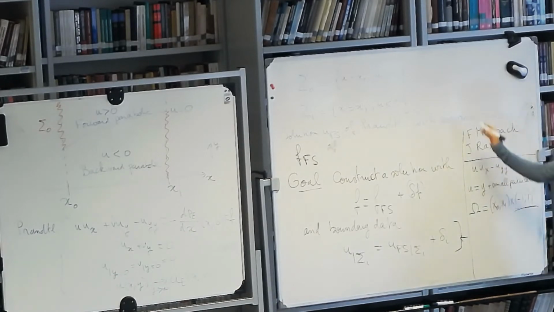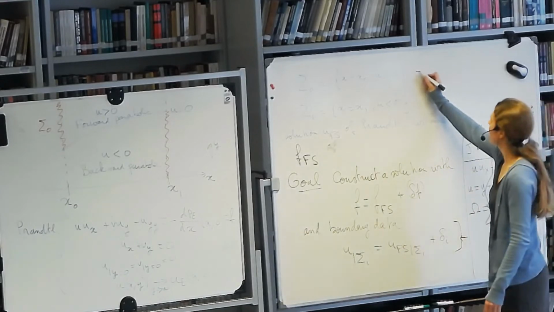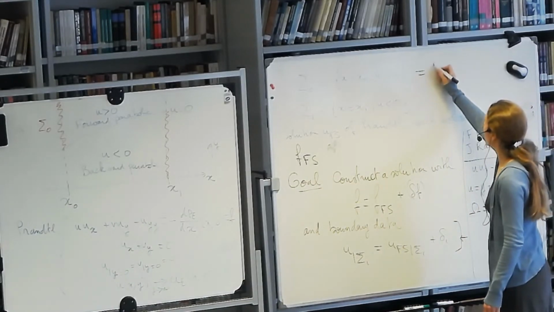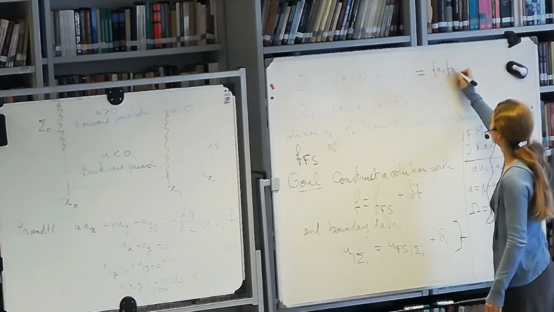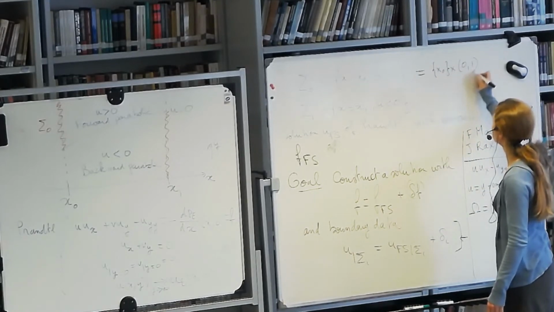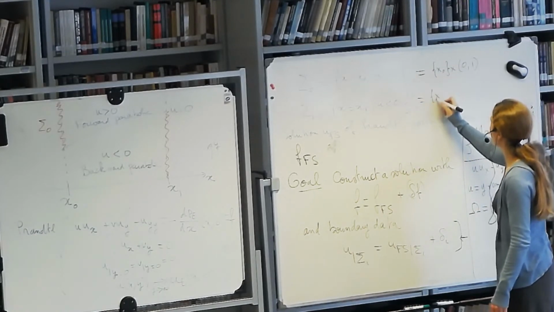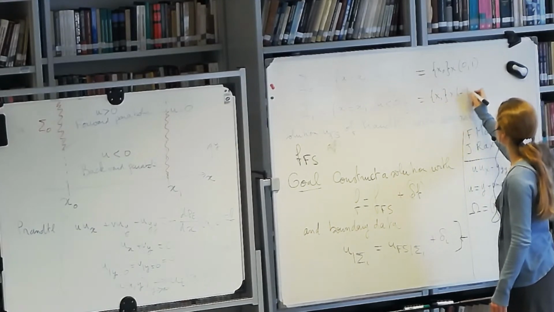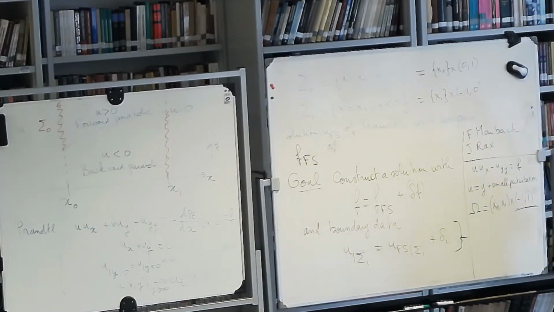And then in that case, sigma naught will just be x0 cross (0, 1), and sigma 1 will just be x1 cross (-1, 0). But otherwise the setting of the problem is the same.